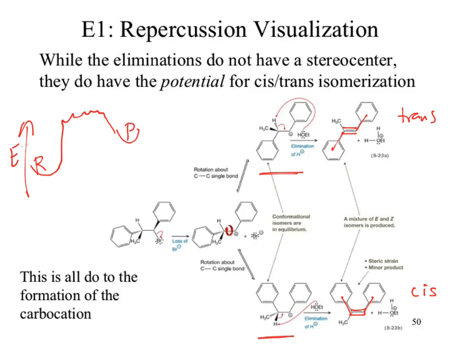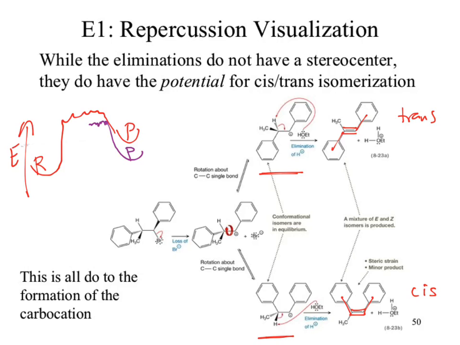Okay? If I have two possible options, which option do I want? I want the lower energy one, because what's going to happen to the peaks of all that stuff that I said to ignore? It's going to drop significantly because it's an endothermic reaction. That was our whole Hammond postulate.